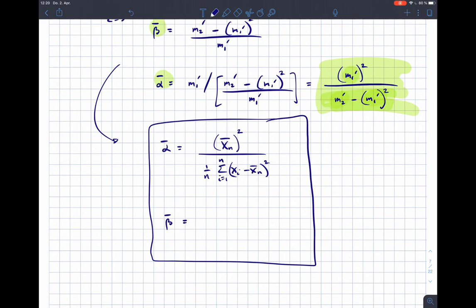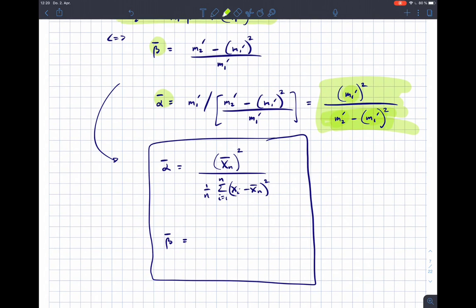Beta bar is, okay, in the numerator we have this same thing again. That is going to be this sample version of the variance. So the sample variance with divisor 1 over n instead of 1 over n minus 1. And here I've just got my x bar.